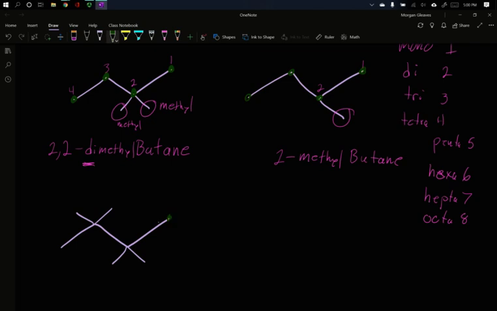Again, our longest carbon chain is going to be 4. We're going to have carbons that aren't part of the main chain at carbon 2 and at carbon 3. These are all 1 carbon long. These are methyls.